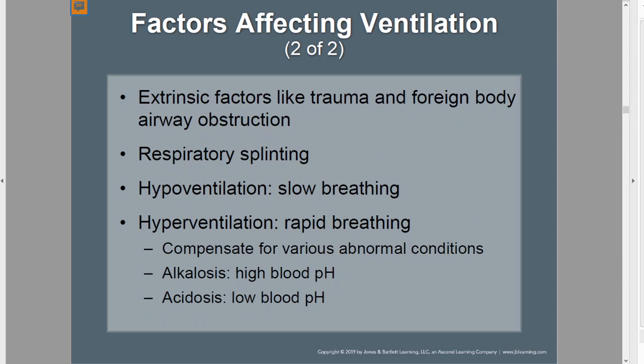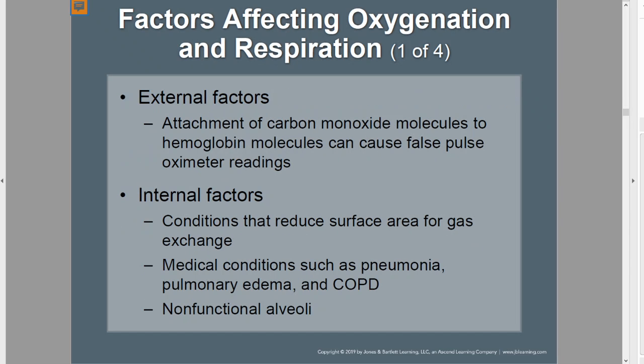So here, let me back up real quick. We can have factors from mechanical factors, like several broken ribs that make the person not want to inhale. We can have external factors, and here they are: attachment of carbon monoxide molecules to hemoglobin, right?